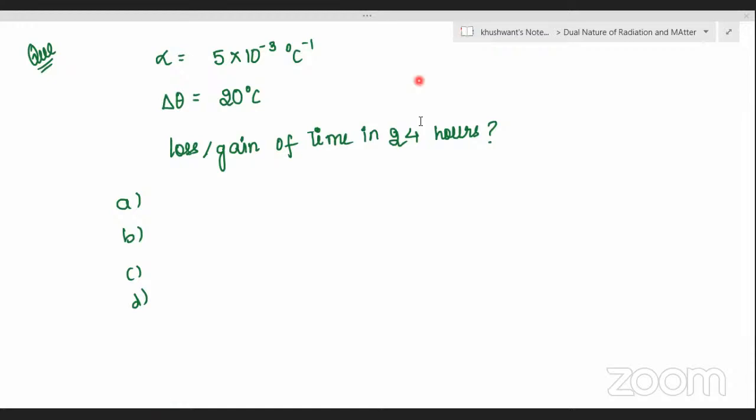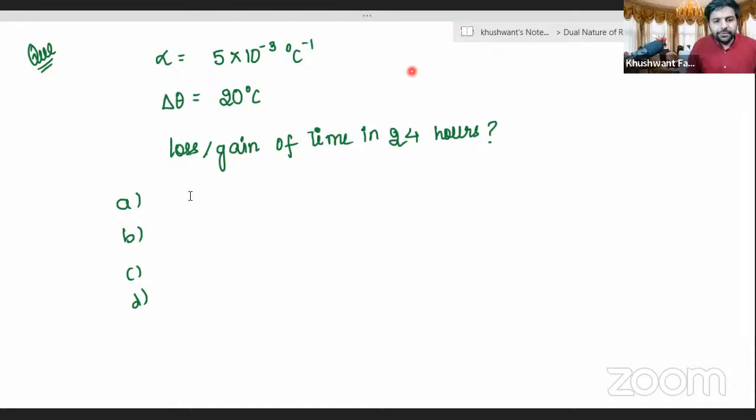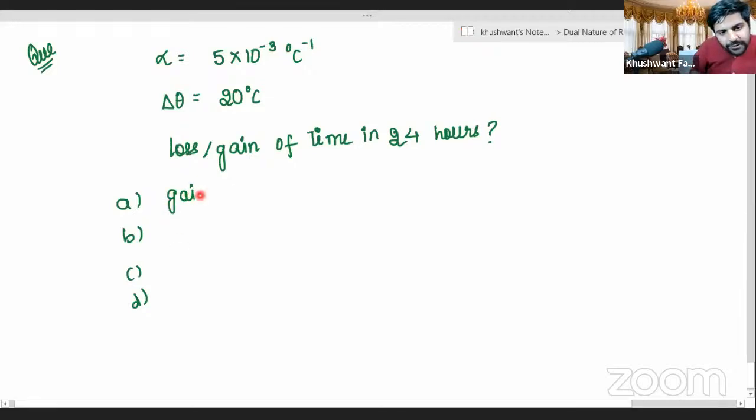Okay, so here are your options on the screen. Everyone, get ready. Your options are like this. Have you gained 1.2 hours? Lost 1.2 hours?